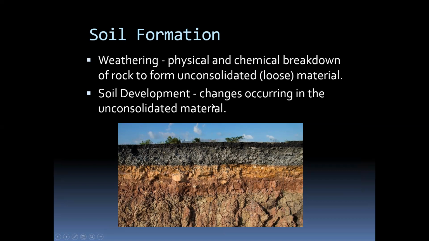When the rocks are broken into smaller pieces of soil, and this soil or these smaller pieces are subjected to different actions of physical and chemical weathering, they can also undergo changes. These changes are called soil development. The change from one state to another is a development, and we can also reach a maturity of the soil. With time and these changes, the soil can develop.